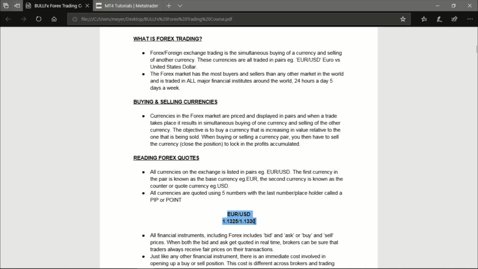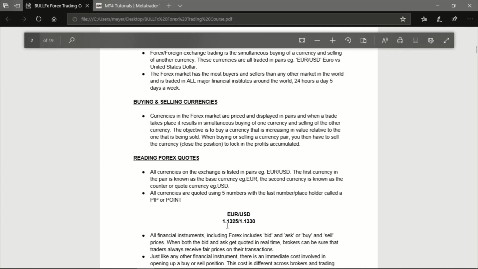So over here we've got Euro USD, and we've got a price of 1.1325, and then we've got a price over here of 1.1330. So what it says over here is that all currencies are quoted using 5 numbers with the last number or placeholder called a pip.